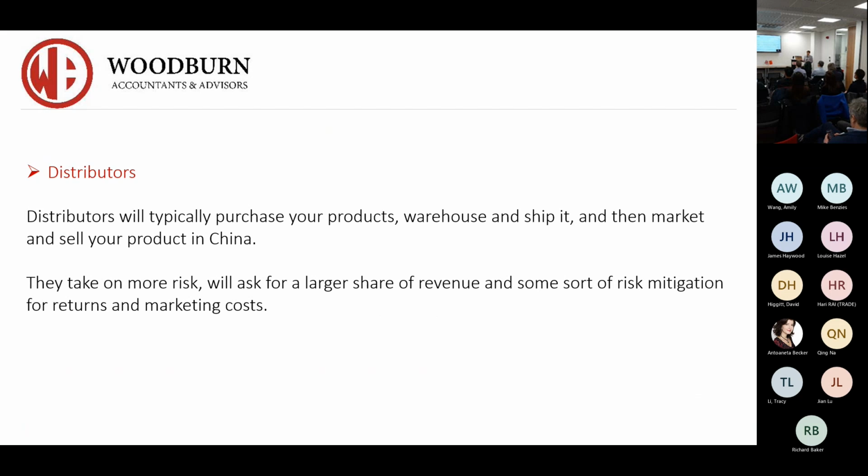All right. The next is distributors, which is obviously the more common form, where the distributors tend to take on more liability, i.e. they are purchasing the products from you, importing them as the importers of record, potentially housing inventory as well. They might even do marketing initiatives on your behalf, and they are then going out to find the clientele. Okay.